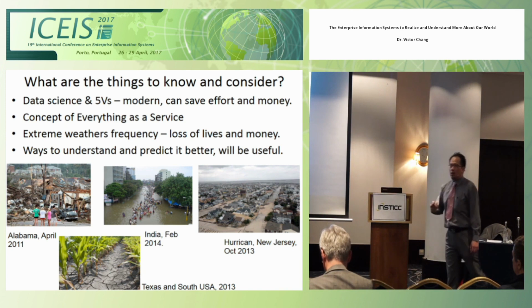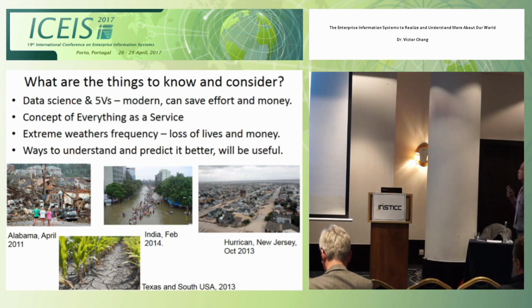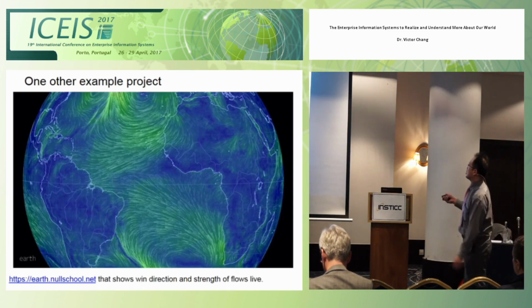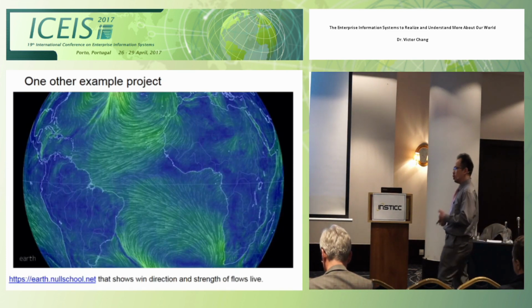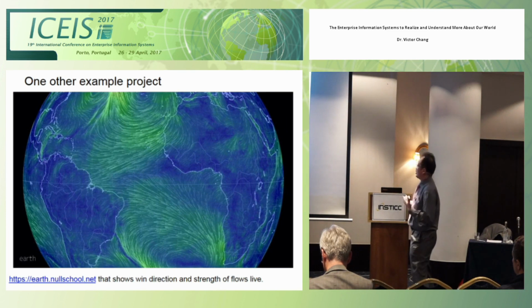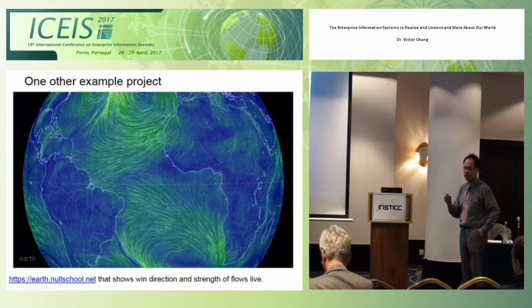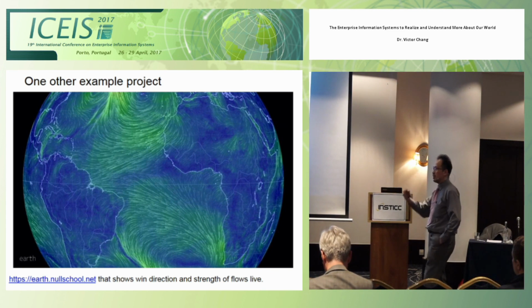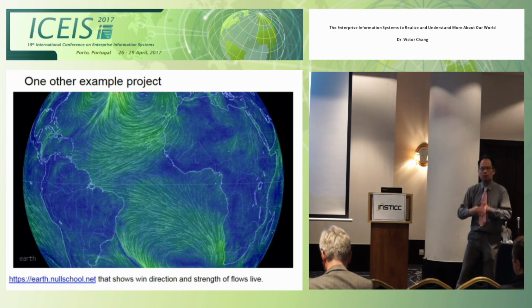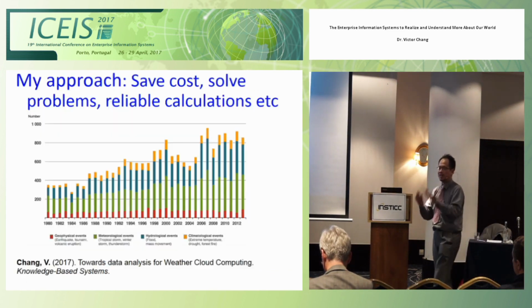So then what are the implications? Because we have to know how big data can help us. In terms of data science, there are 5 V's. The 5 V's will let us use modern techniques to save effort and money, and also the concept of everything as a service, because everything is connected. And then extreme weather frequency, as mentioned, is now on its way to becoming a norm rather than being outliers.